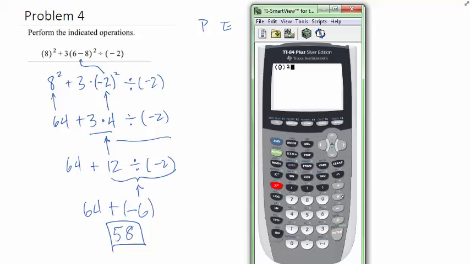So 8 squared plus 3, and then parentheses 6 minus 8, close parentheses and square it, and then divide by parentheses. This negative is different from the minus sign, so make sure you put the correct negative, negative 2, close parentheses. Okay, if we press enter, hopefully we get 58. And there we go.